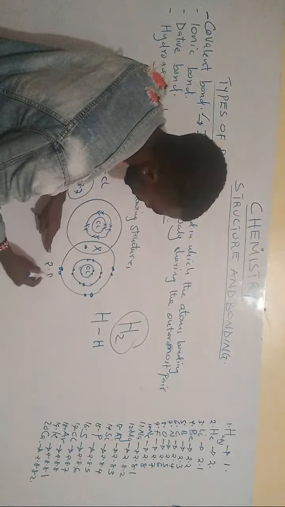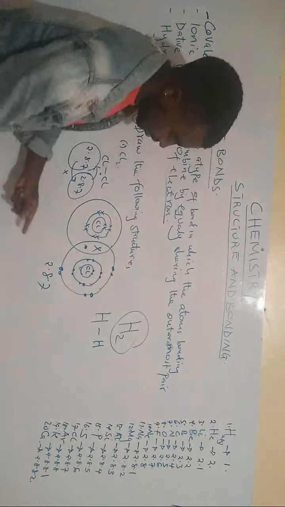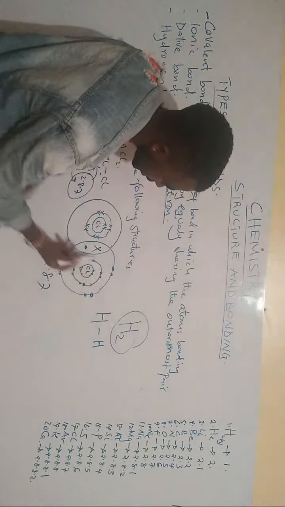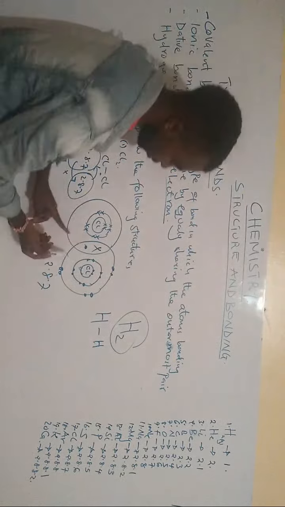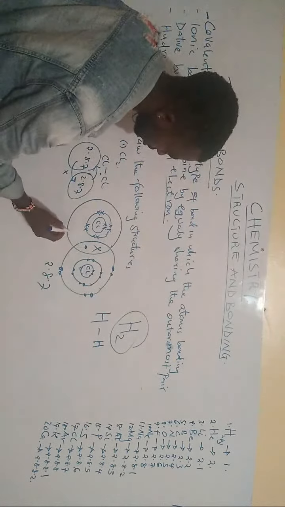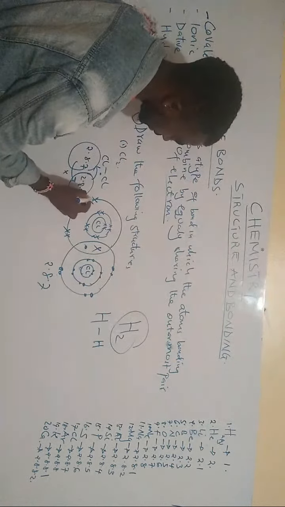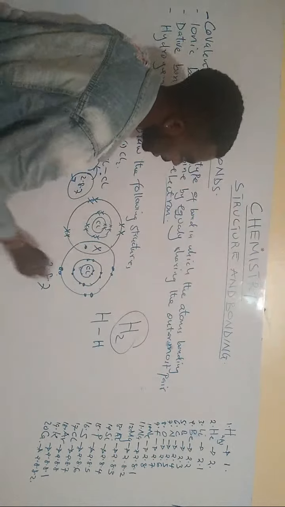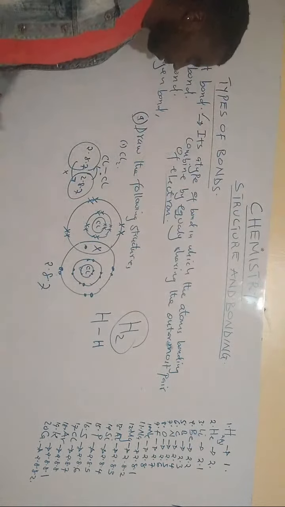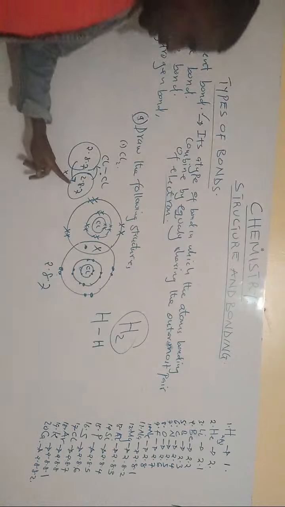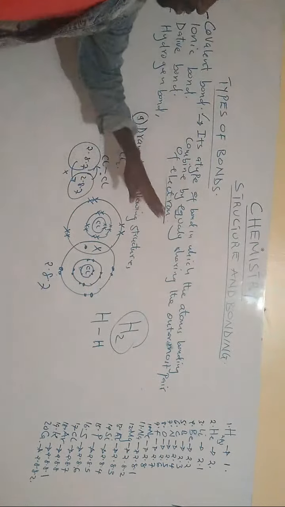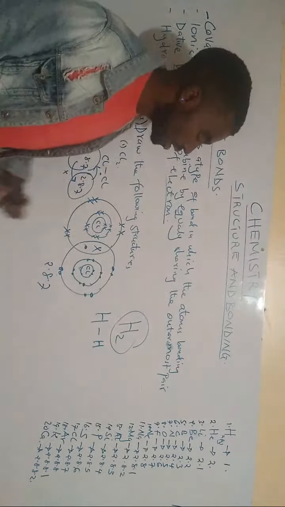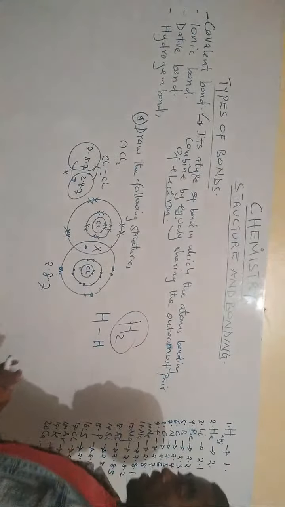This is 2, 8, 7. Look, 1 to 7, and the 8th one has been donated from this side, and likewise on the other side: 1 to 8. That's the structure of chlorine. The atoms combined together have equally shared the outermost electrons.